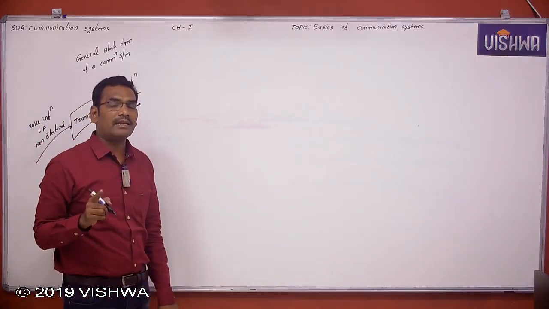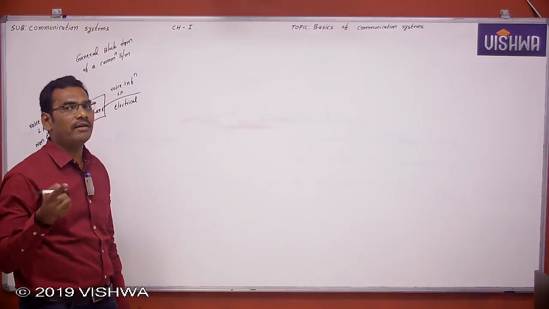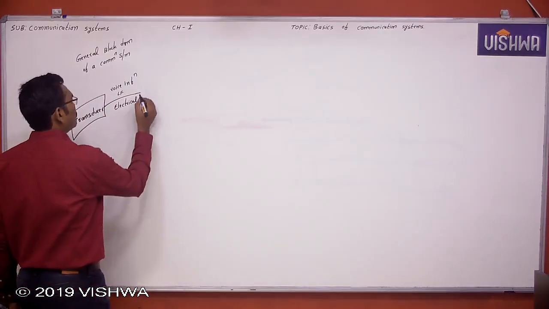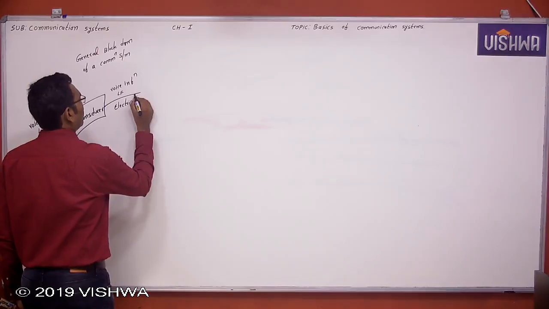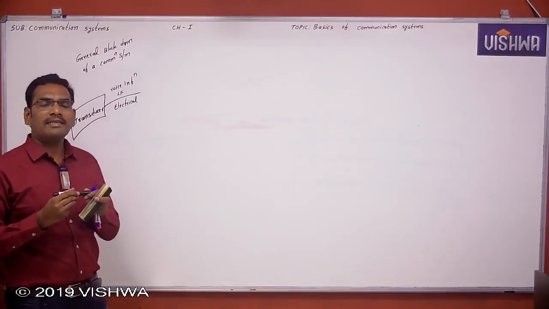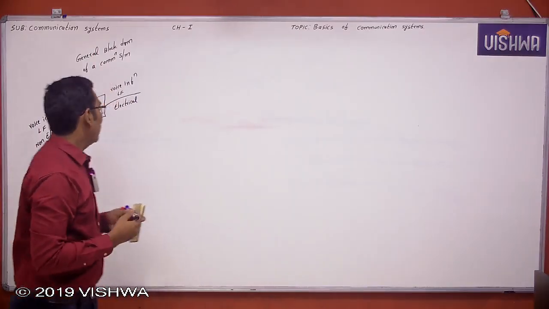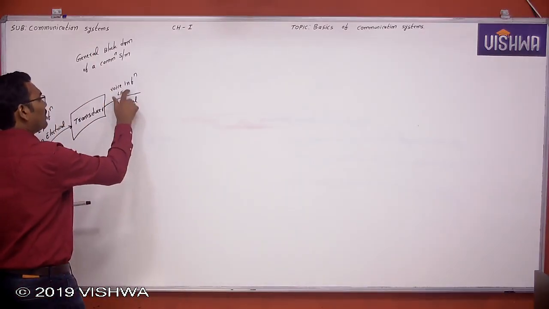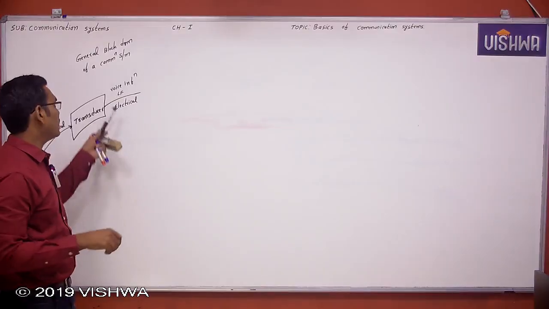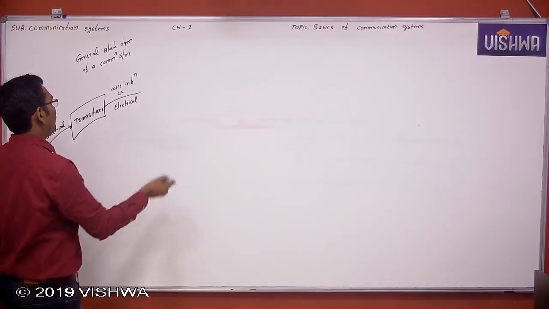Electrical variation means it may be a voltage variation or a current variation. Even though this non-electrical signal is converted to an electrical signal, it cannot be transmitted over a longer distance, because this is a low frequency information signal. The problem is the signal itself is low frequency information.